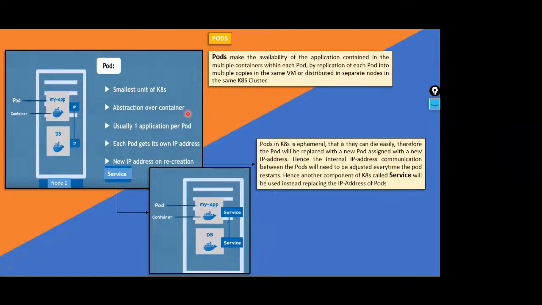Generally the thumb rule is that you have one microservice or one container inside one pod. Theoretically, you can have multiple containers within one pod, but that is not a good design. Your architect will never go into that design.